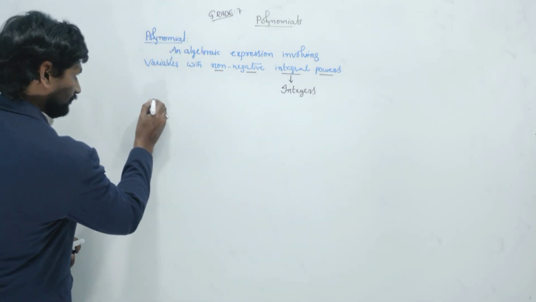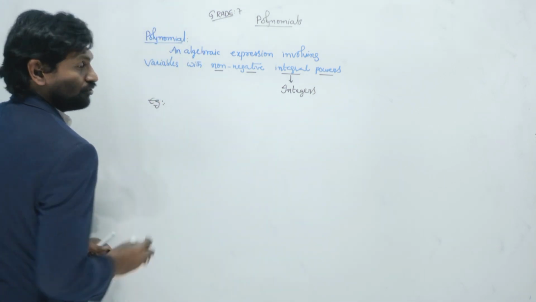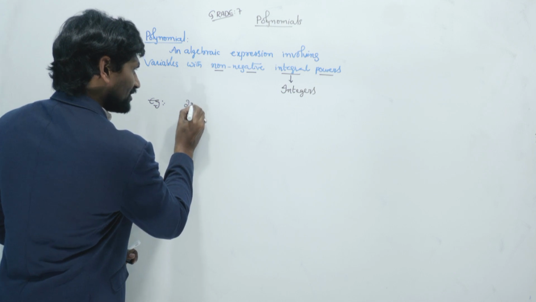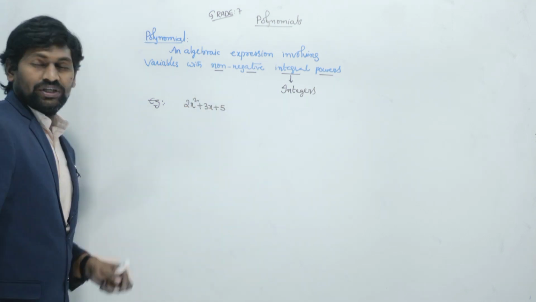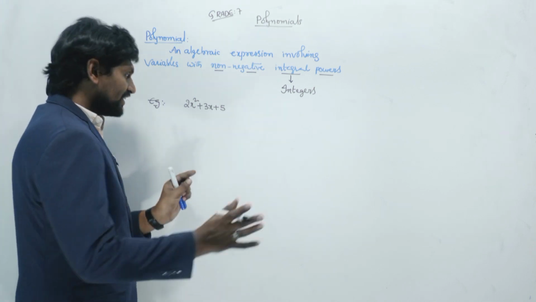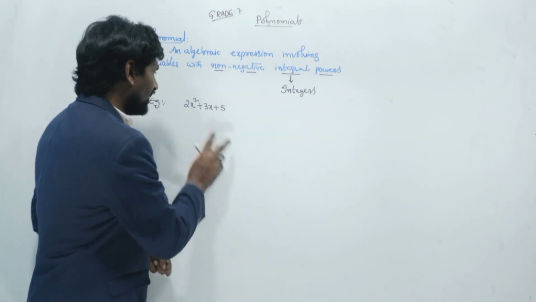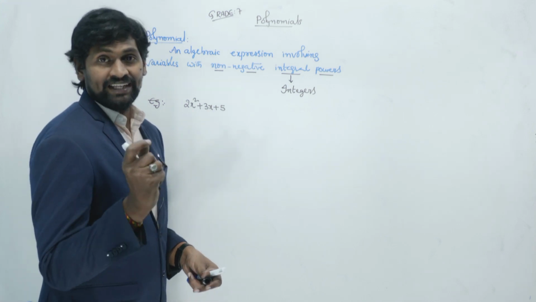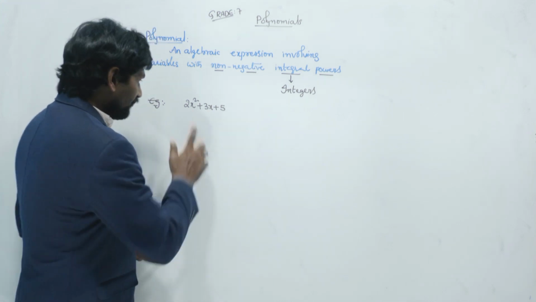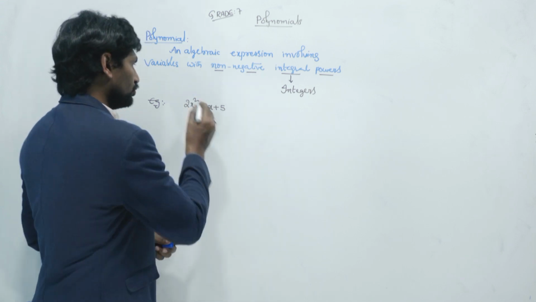For example, 2x square plus 3x plus 5. It is an algebraic expression involving the variable x. Now let us observe the powers of x. In the first term, x power is 2.